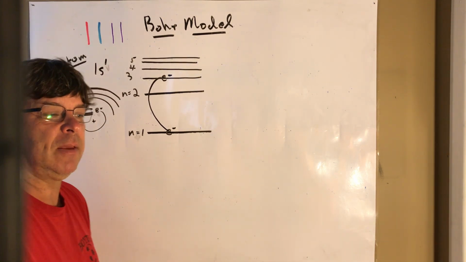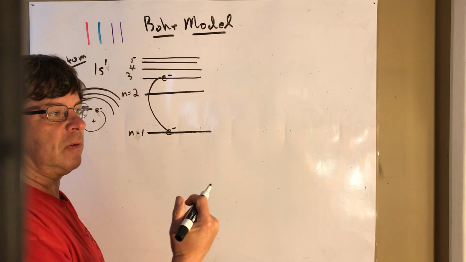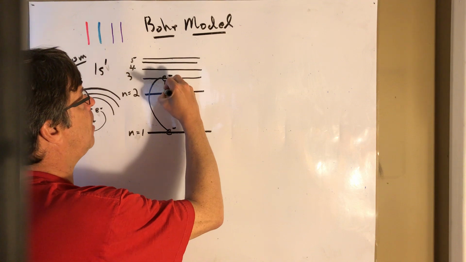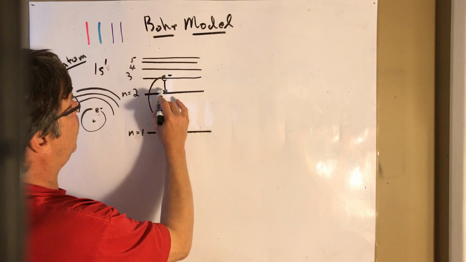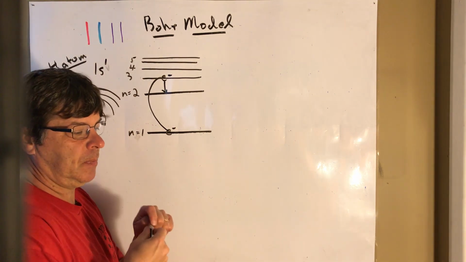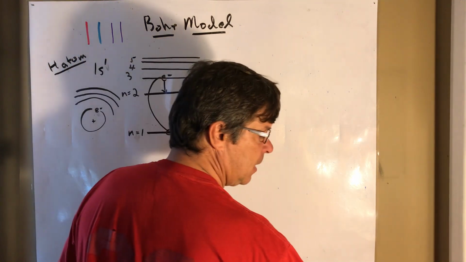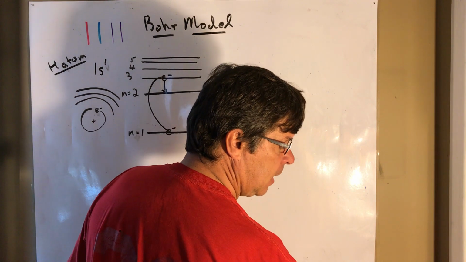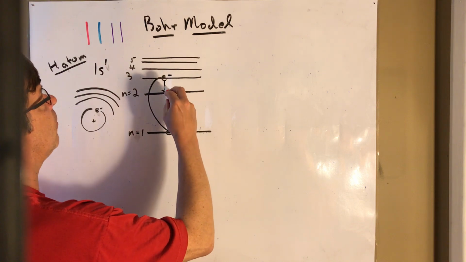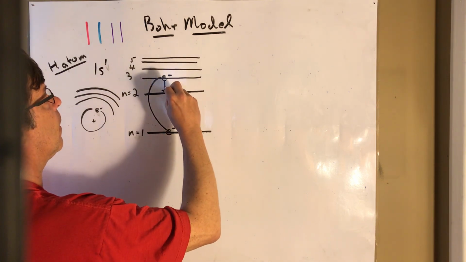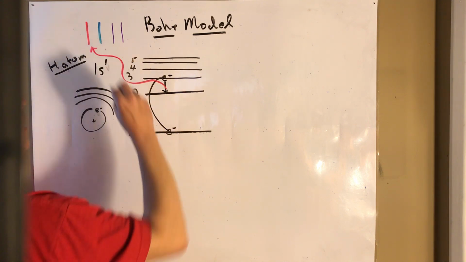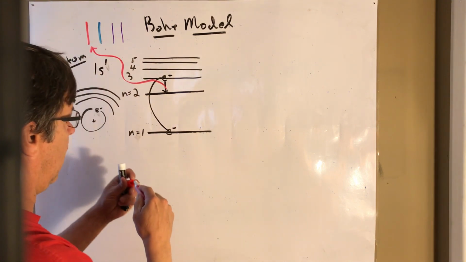Then what will happen is, it's attracted to this nucleus, so it'll fall down. If it falls down from 3 to 2, it would have to lose energy, and it loses energy in the form of light. This would give off red light, so that explains that emission line.